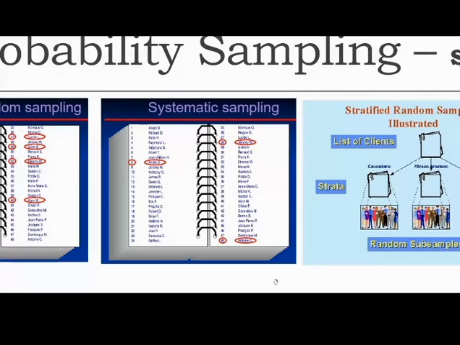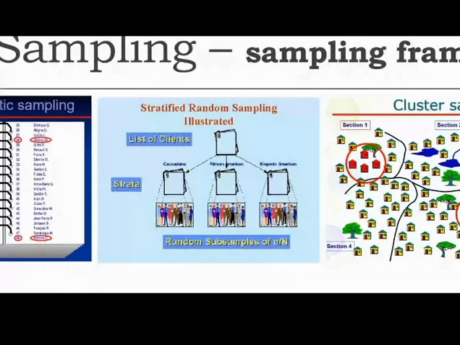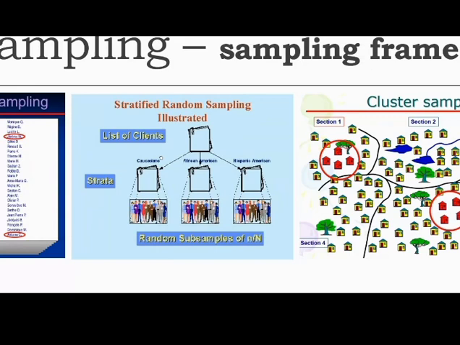Now, for the next sampling method, we have the stratified random sampling. Your clue here is the word stratified.